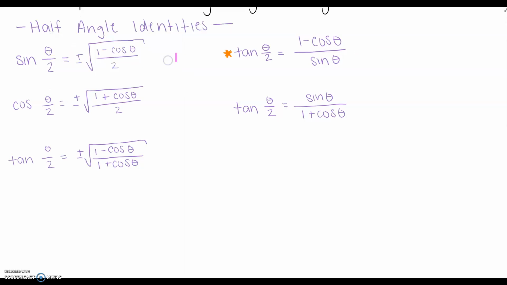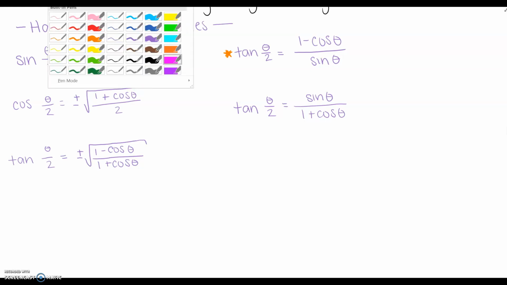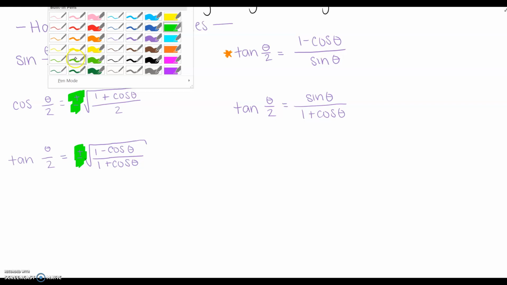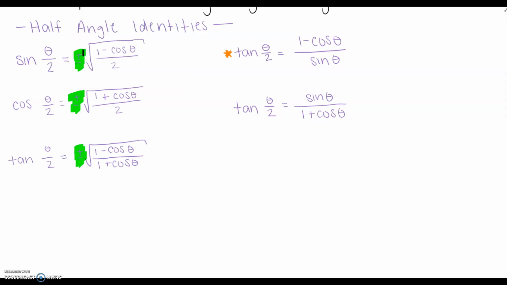Now getting to the pluses and minuses, I guess I'll use pink. For the pluses and minuses, you're going to have to decide in the beginning of your problem if you want it to be plus or minus.